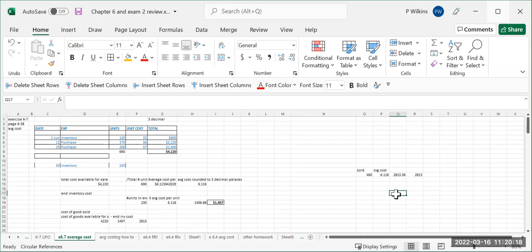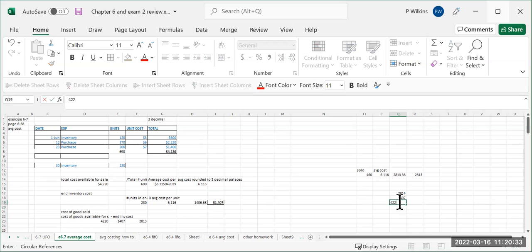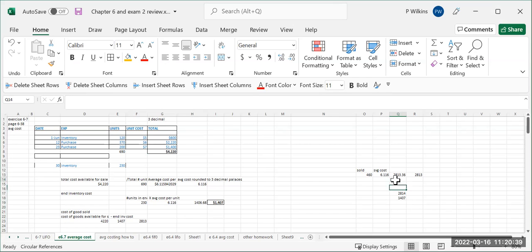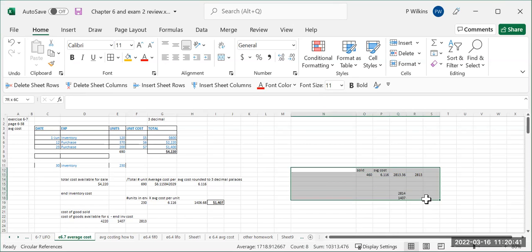But if you take 2814 plus the cost of the ending inventory of 1407, you're going to get 4221. See how this is 4220? You're going to be $1 off. That might be confusing for you.